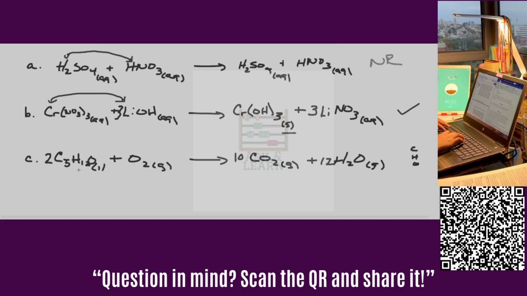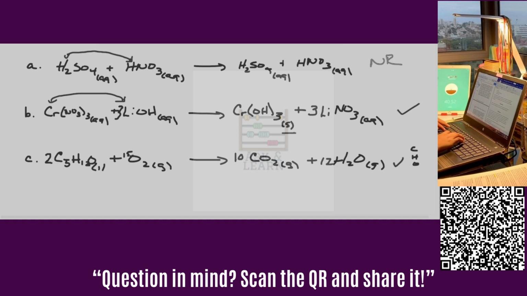I have 2 plus 2, or 4, on the left, and I have 10 times 2, or 20, plus 12, or 32, on the right. Now, I need to get the left side to 32. I already have 2 in this C5H12O, so I need 30 more, in which case I'm going to need 15 O2s. 15 times 2 is 30 to get 32 on both sides. And this is now a balanced chemical equation.